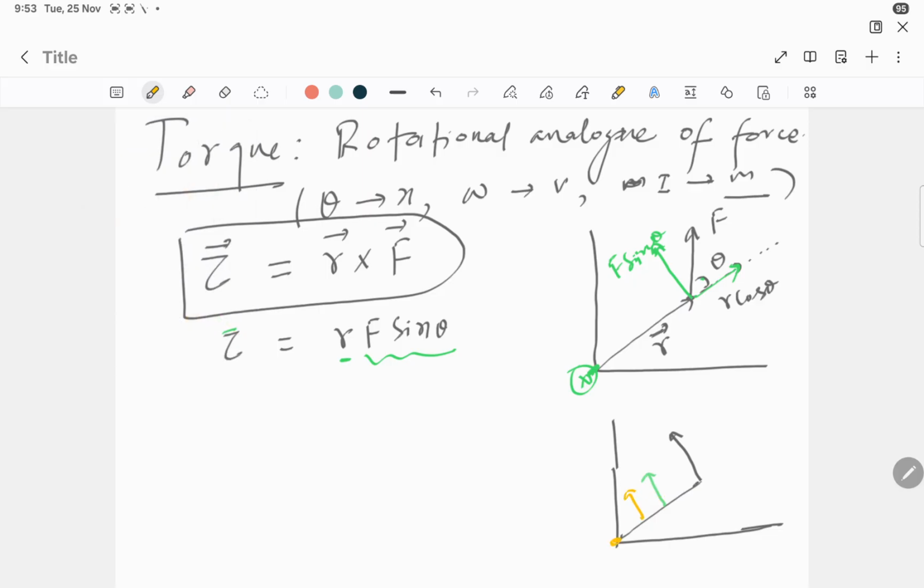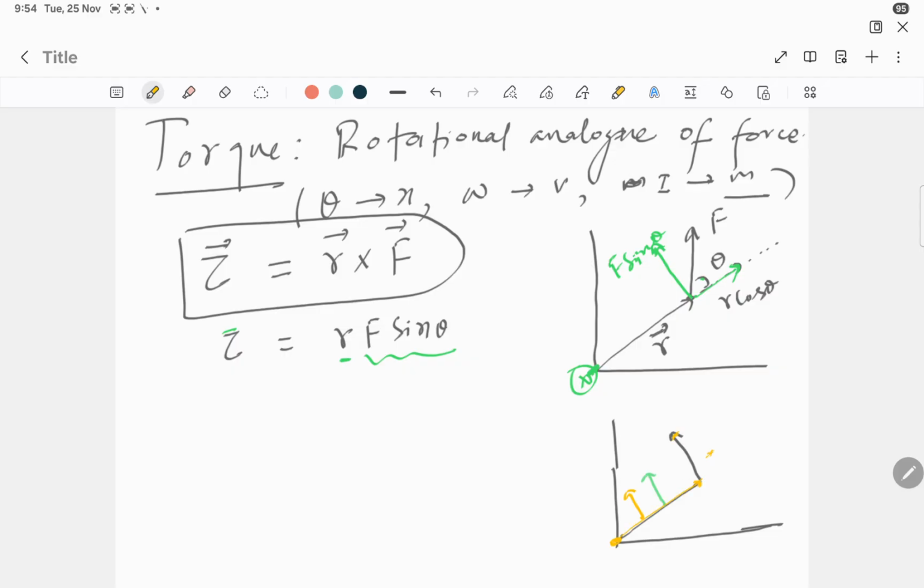We can see that this force will be most efficient in causing the rotation, that is, producing the angular acceleration, which we will see later.